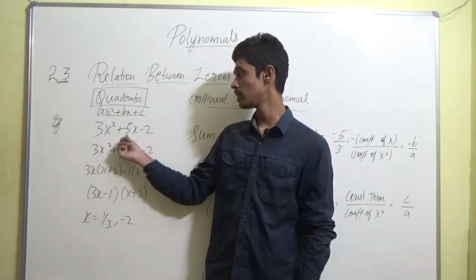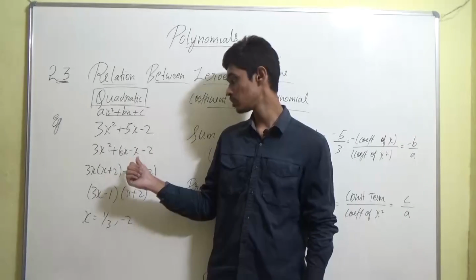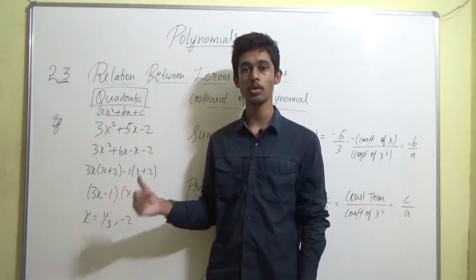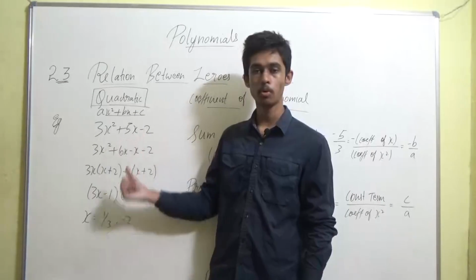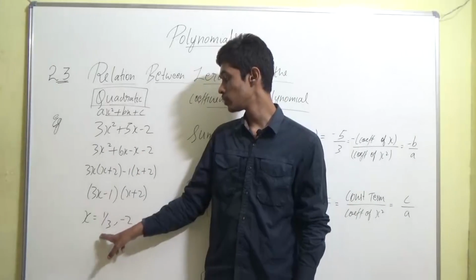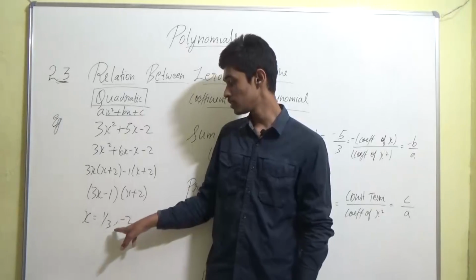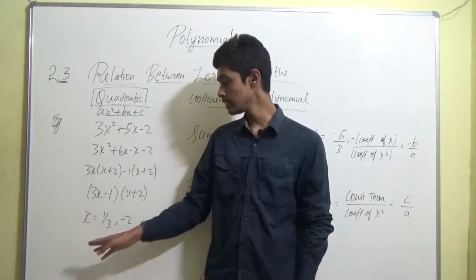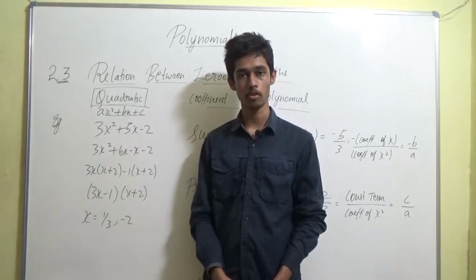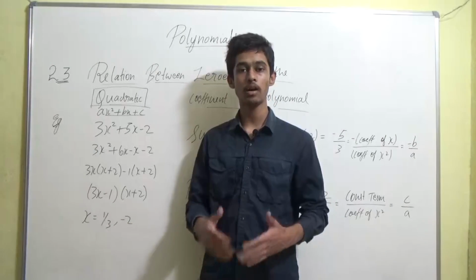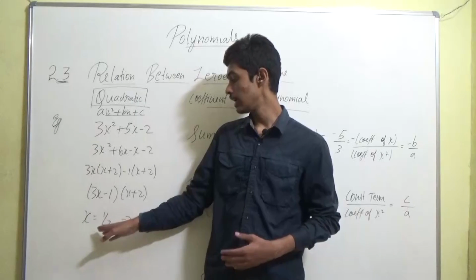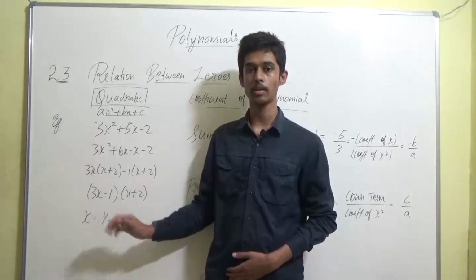So we are going to split the middle term 5x as 6x minus x, minus 2. As you know, you have learnt in your 9th standard, you will split the polynomial and then find the zeros as minus 2 and 1 by 3. These are the zeros of this polynomial, and as I said, they can be alpha and beta.